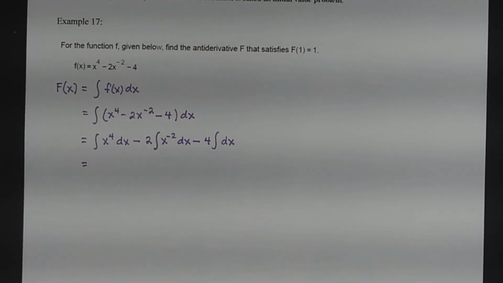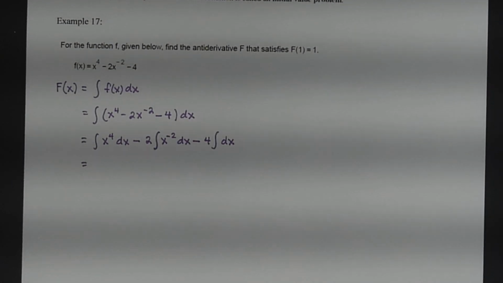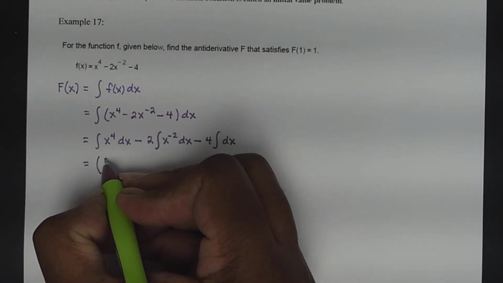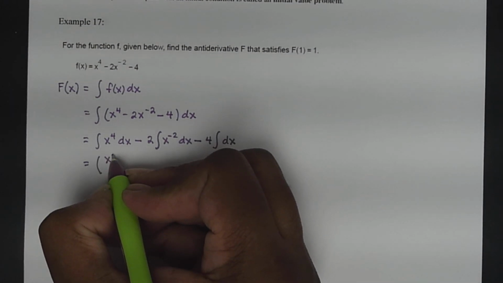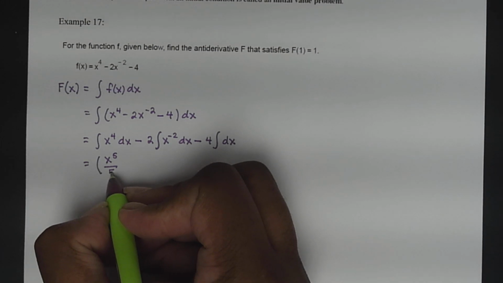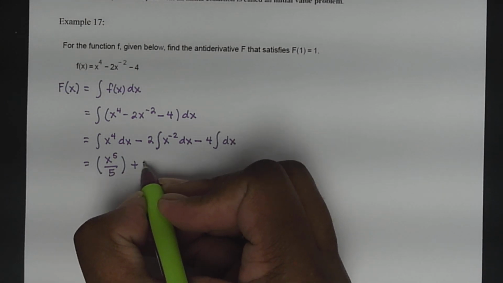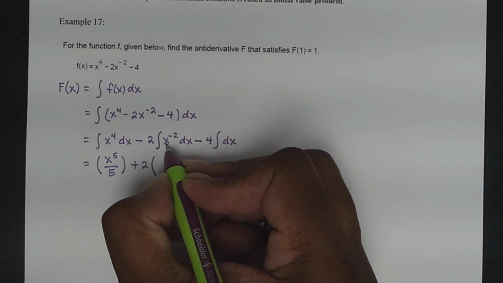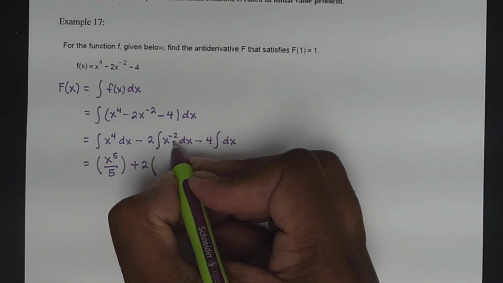Now for each one of these, we're going to apply the power rule. For that x to the 4th dx, we increase the power by 1, so it'll be 4 plus 1, which is 5, divided by 5, plus 2 times the integral of x to the negative 2 dx.